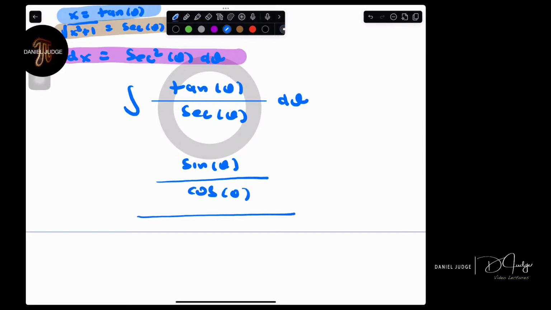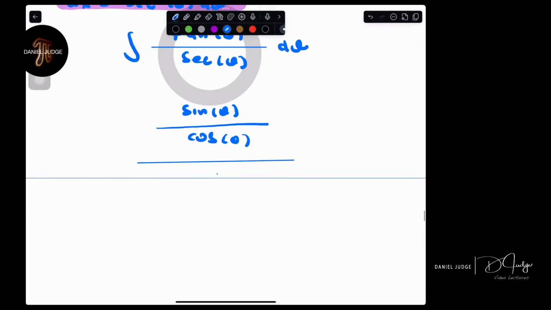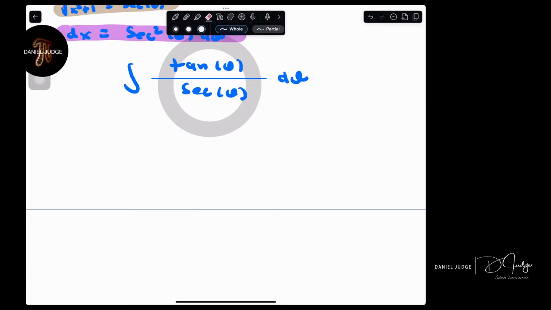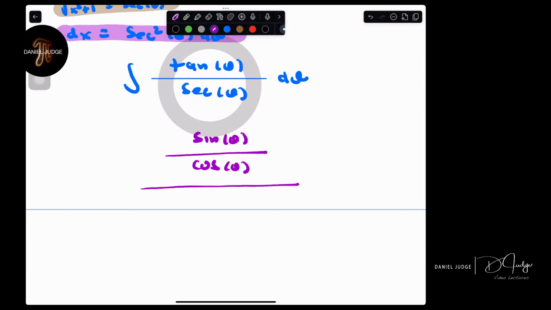Cosine. The identity for secant is 1 over cosine. And I think we've been doing this in purple, so let's be consistent. Sine over cosine divided by 1 over cosine.